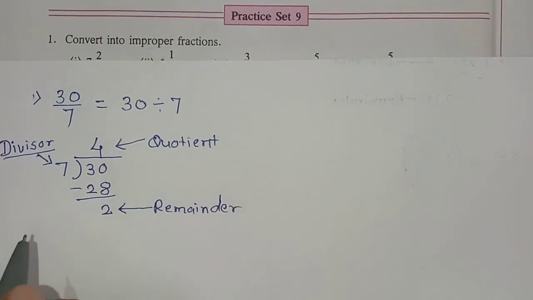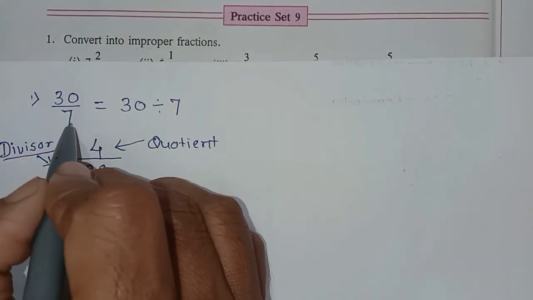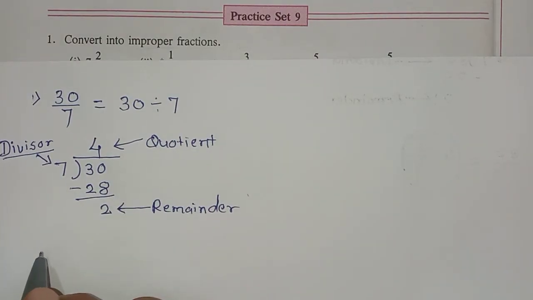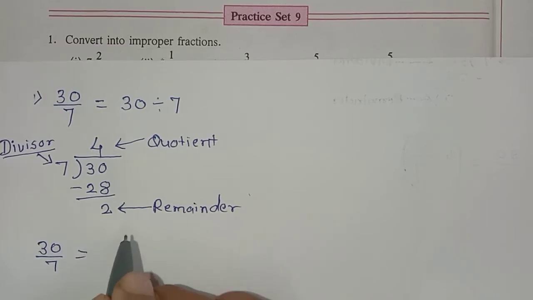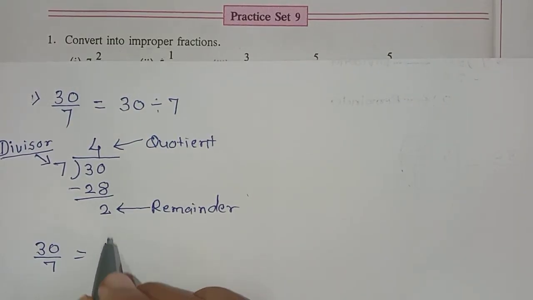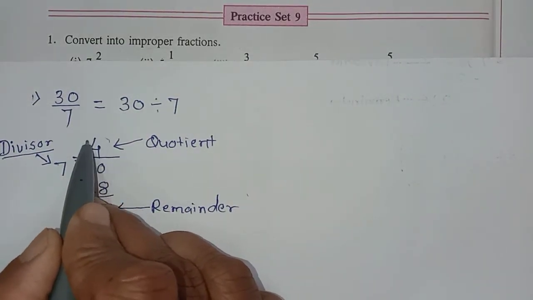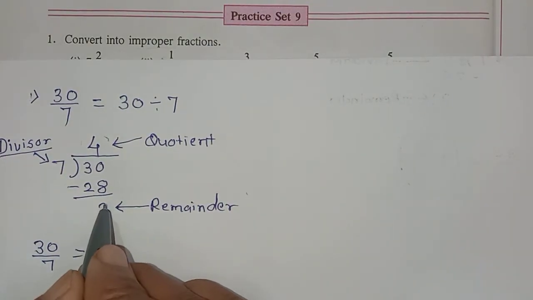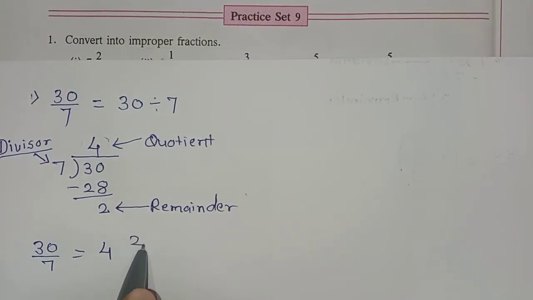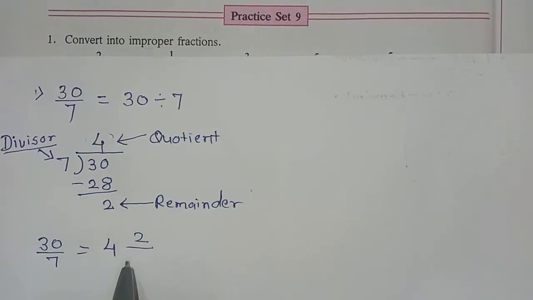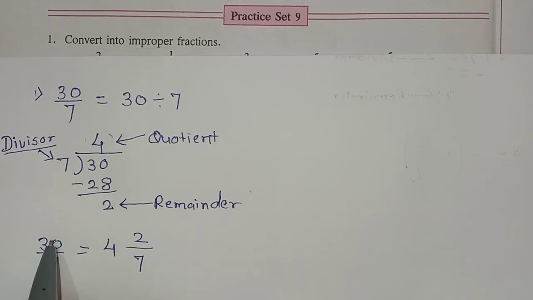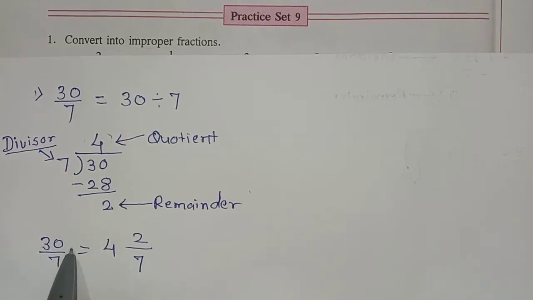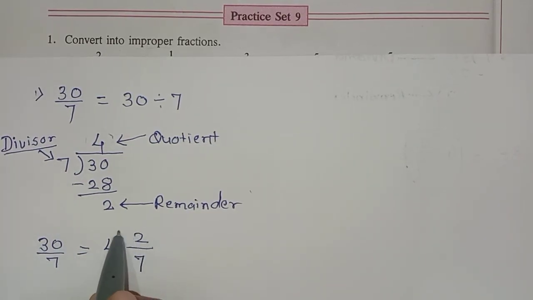So the improper fraction 30 upon 7 can be written as 4 as the whole number, 2 as the remainder, 2 upon 7. In this way, we have converted an improper fraction into a mixed number.